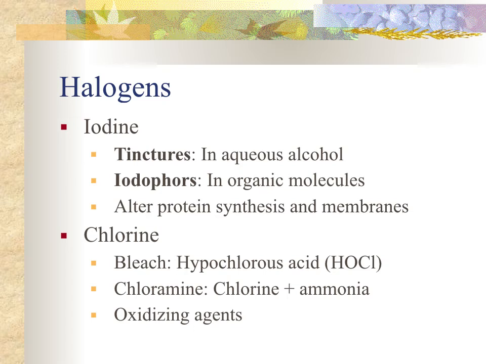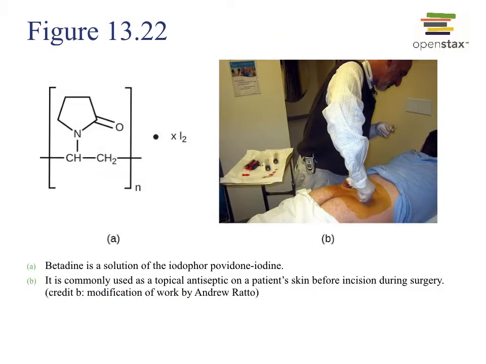Some chlorines are strong oxidizing agents. They're dangerous in that they react with almost anything. An example of kind of a phenol and an iodine molecule is this Betadine. A very nice disinfectant, very effective. Things can't grow on it, but we can use it on the skin.